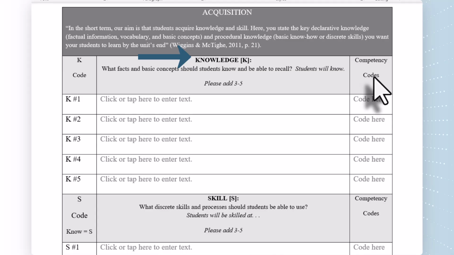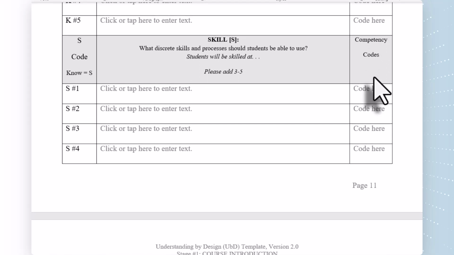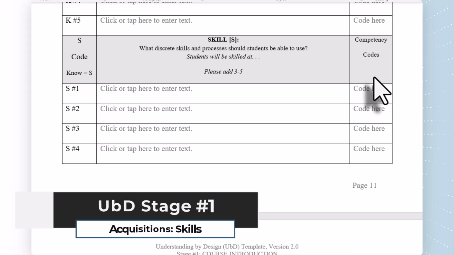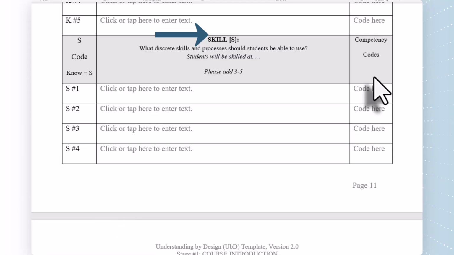These are right and wrong types of information. Lastly, the acquisition of skills refers to procedures learners need to acquire to deeply understand the essential questions. These can be basic know-how-to skills or tool operational skills.